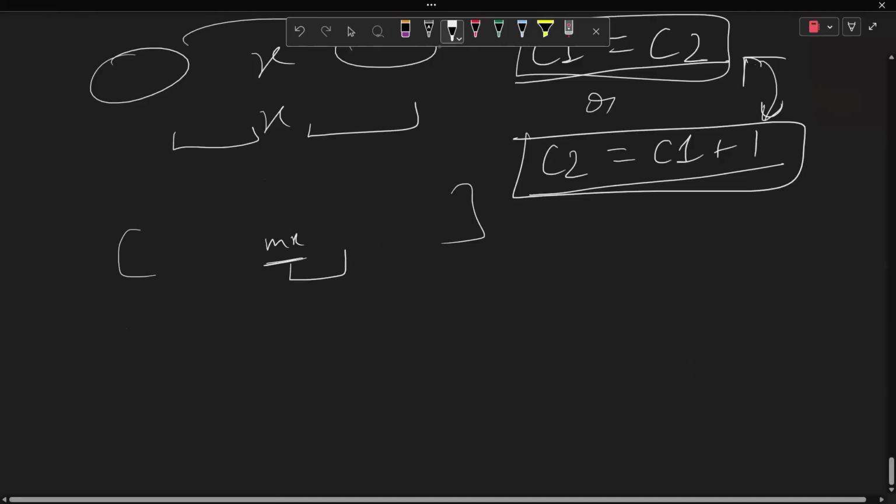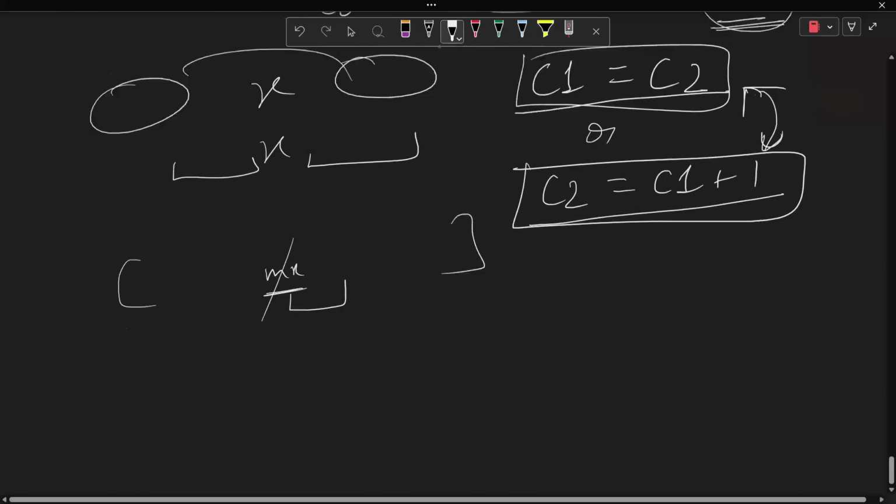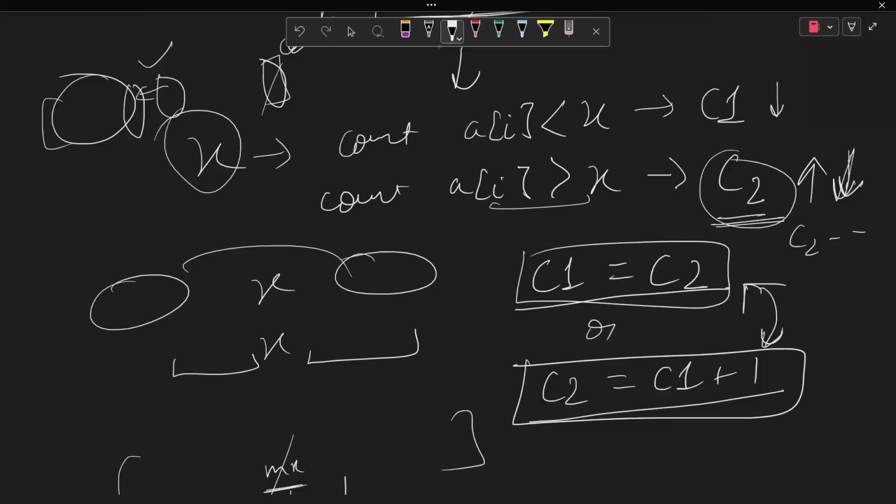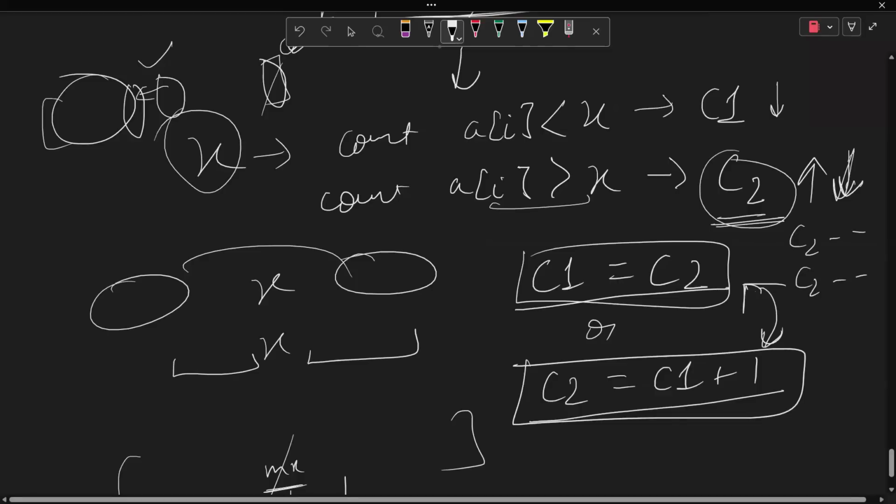Just apply this operation to any of its adjacent elements and it would get removed, because if you apply an operation on two elements, the greater gets removed. So you can always remove the maximum element and reduce c2 by 1. Then again, whatever is the new maximum, remove it and reduce c2 by 1 again.